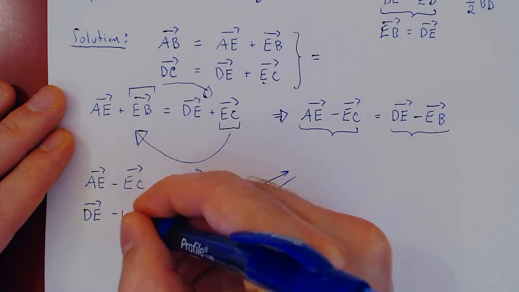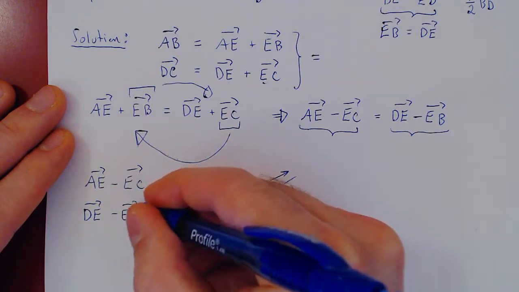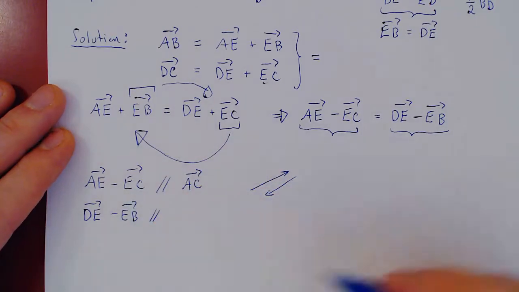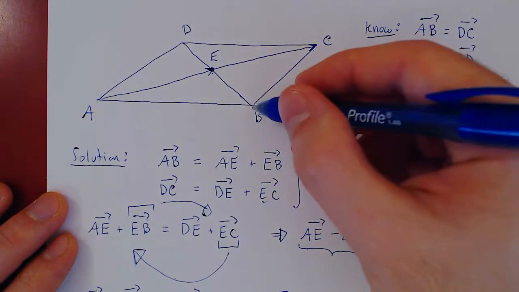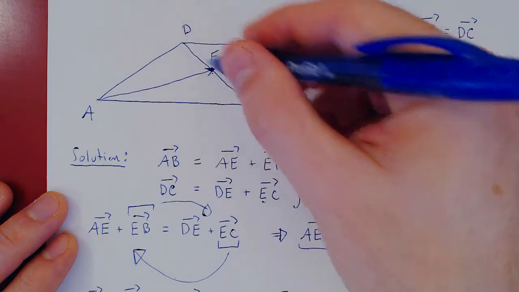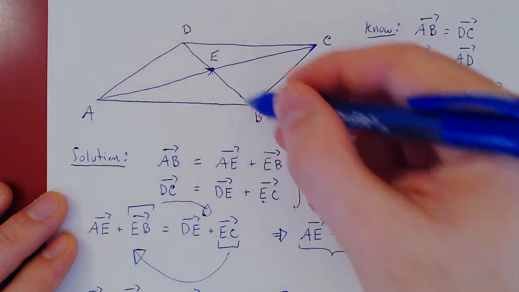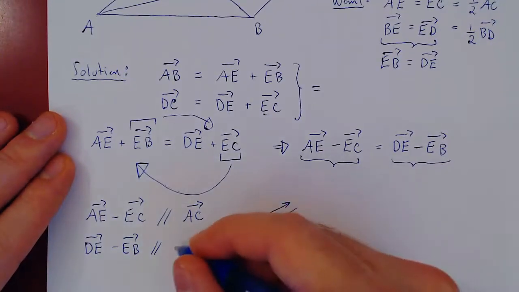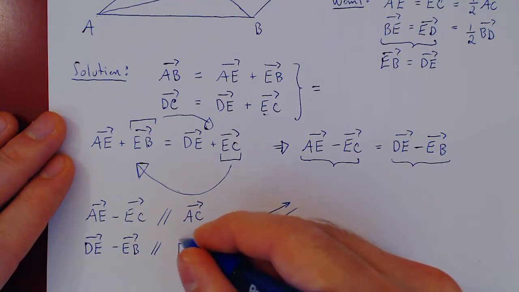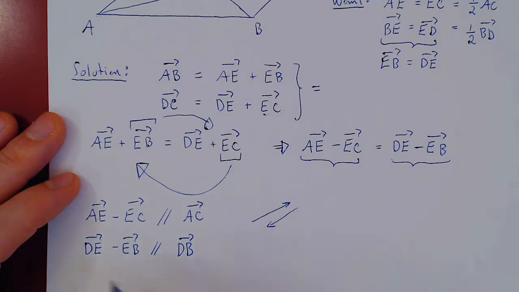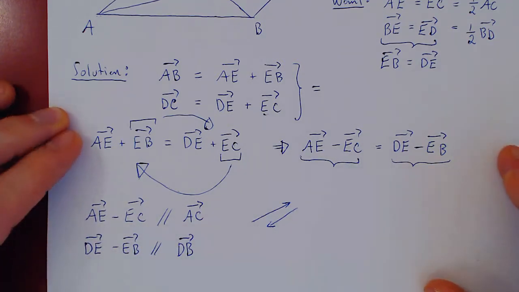DE minus EB must be parallel to the other diagonal, DB or BD, doesn't matter. Let's go with DB. Because if we add or subtract parallel vectors, the result is still parallel.